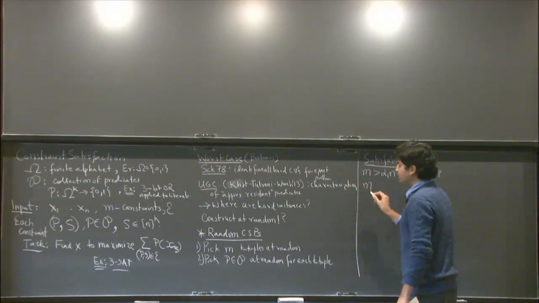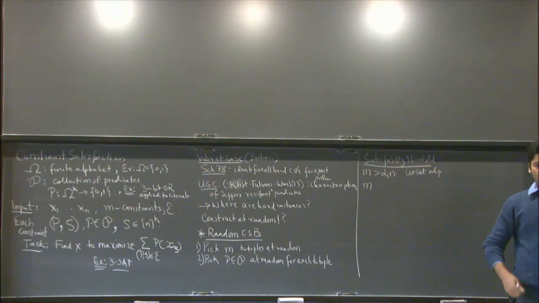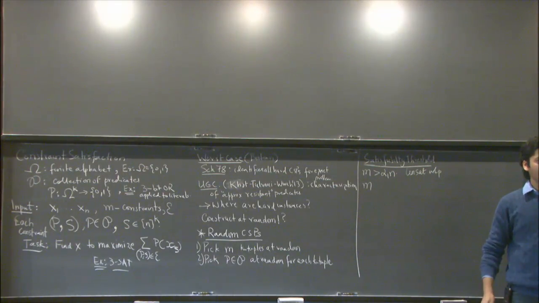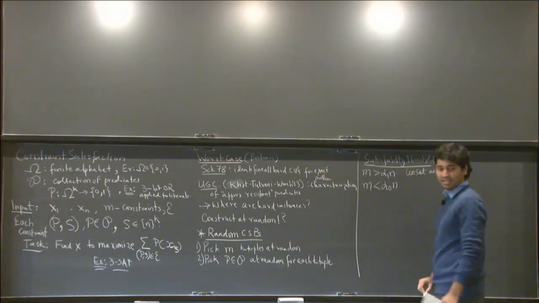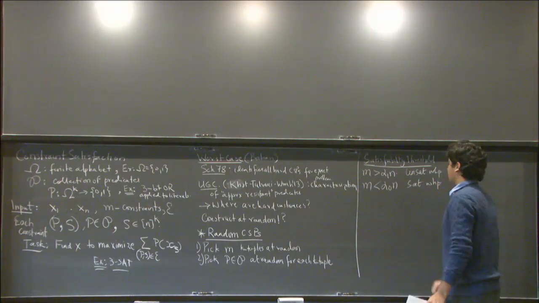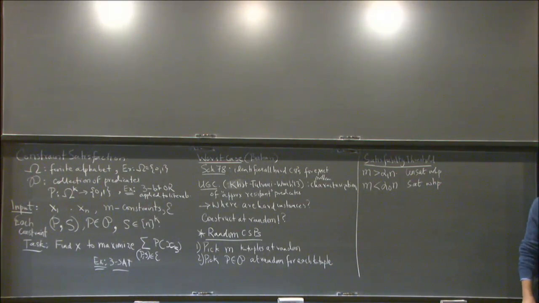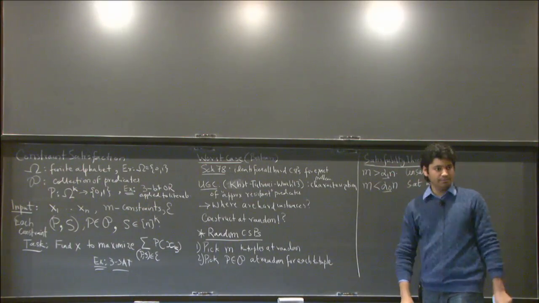On the other hand, if you pick too few constraints, you will have an under-constrained system, and you would expect many solutions in general. So for some alpha 0 times n, you would expect the instance to be satisfiable with high probability. The question is how alpha 0 and alpha 1 behave.